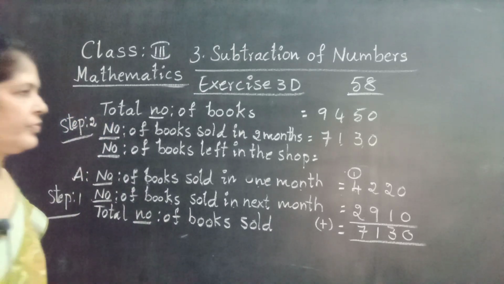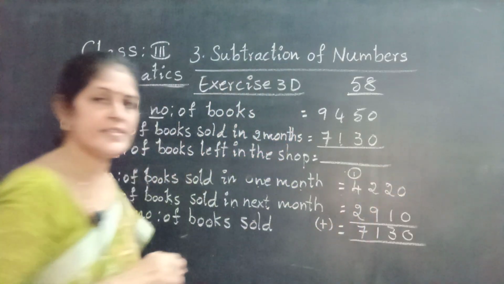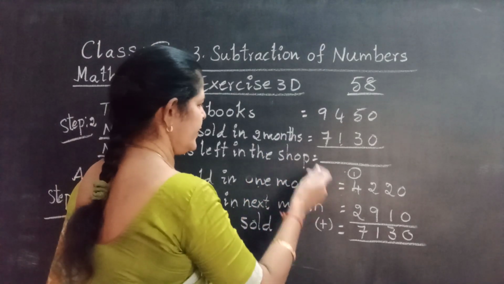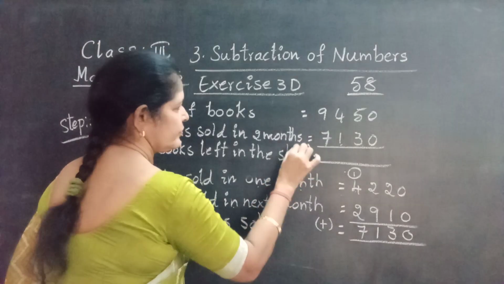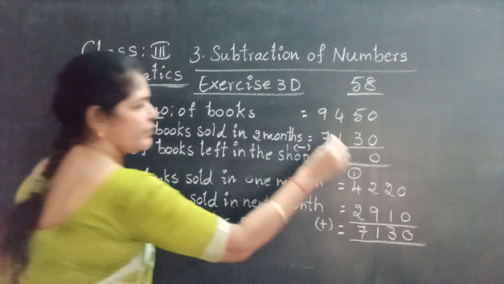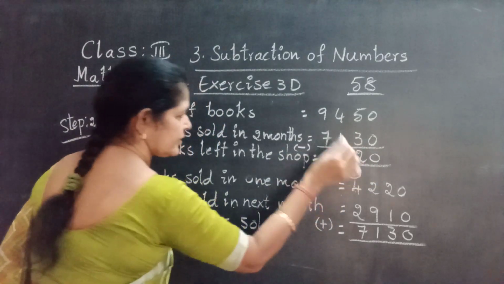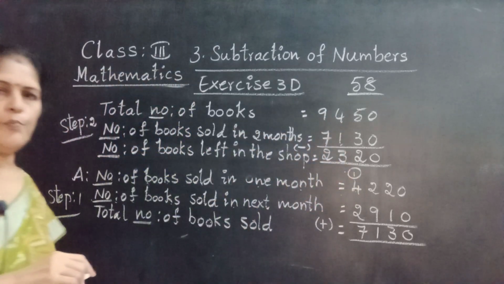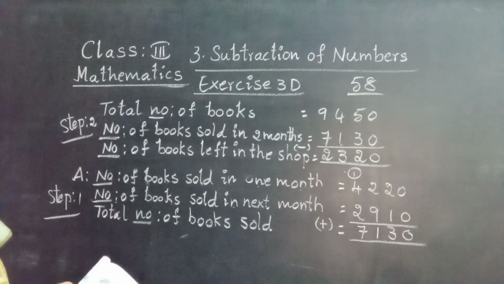Okay? Now finding what is left is a subtraction word. Then here we do subtraction. Minus. 0 minus 0, 0. 5 minus 3, 2. 4 minus 1, 3. 9 minus 7, 2. How many books are left in the shop? 2,320.